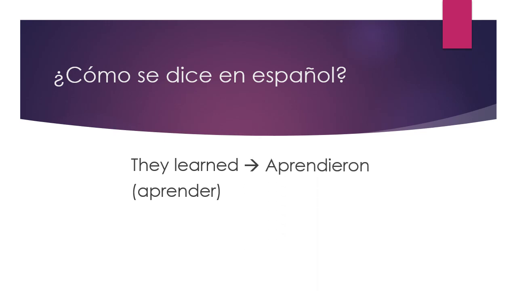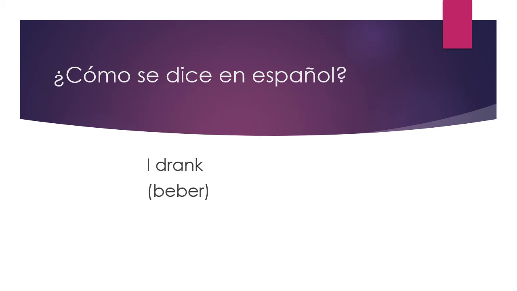Es aprendieron. Ellos o ellas aprendieron. ¿Cómo se dice en español? I drank. The verb is beber. Es bebí. Yo bebí.